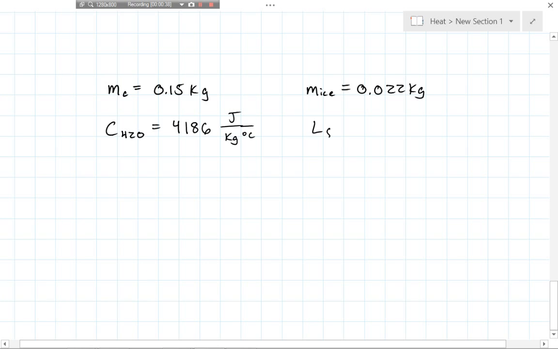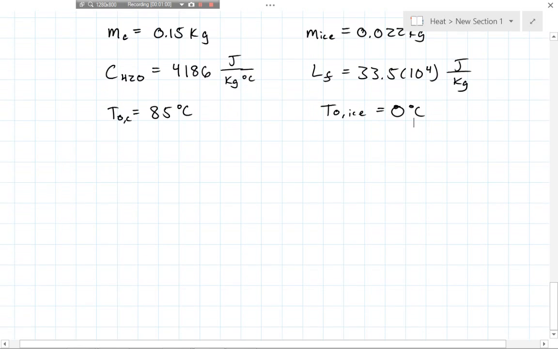And the latent heat of fusion for ice is 33.5 times 10 to the 4 joules per kilogram. And the initial temperature of the coffee is equal to 85 degrees Celsius, and the initial temperature of the ice is equal to 0 degrees Celsius. And what we're asked to do is solve for the final temperature of the ice and coffee.